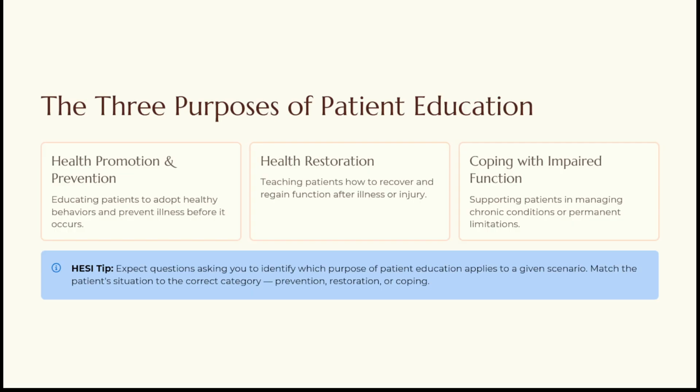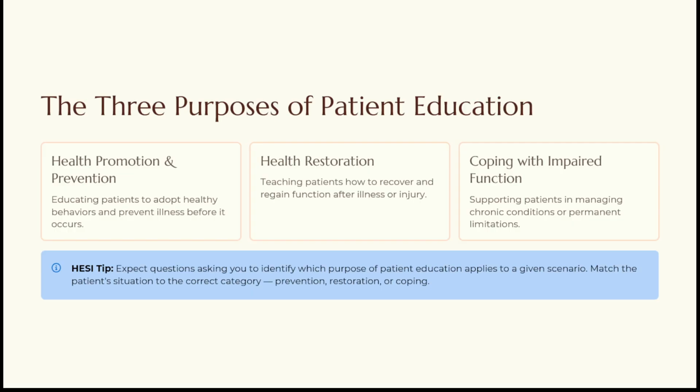The second purpose is health restoration. This occurs after illness or injury and focuses on returning the patient to optimal functioning. Examples for this include post-operative teaching, physical therapy exercises, medication teaching after hospitalization, or teaching a patient how to care for a surgical incision.